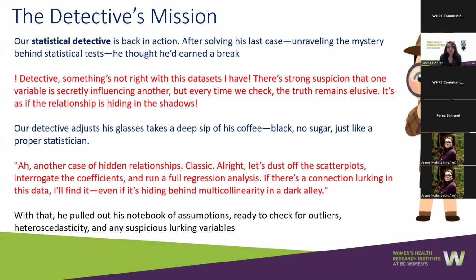But now someone came to him and said, I have a data set and it looks like there is a relationship, but I cannot figure out what the relationship is because it is hidden. So our detective and me kind of put his glasses on, drink coffee and say, okay, this is another case when I need to decide what to do. I'm going to look at the data and decide which regression I'm going to use and how I will resolve this mystery.